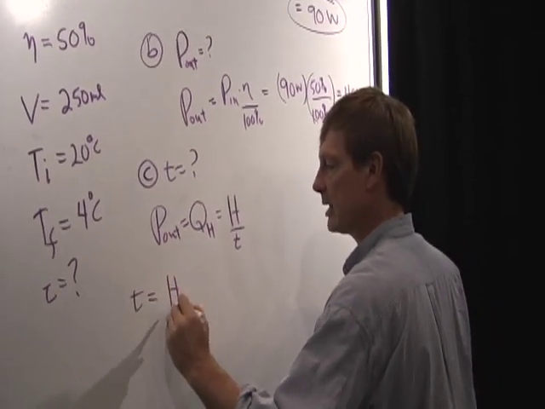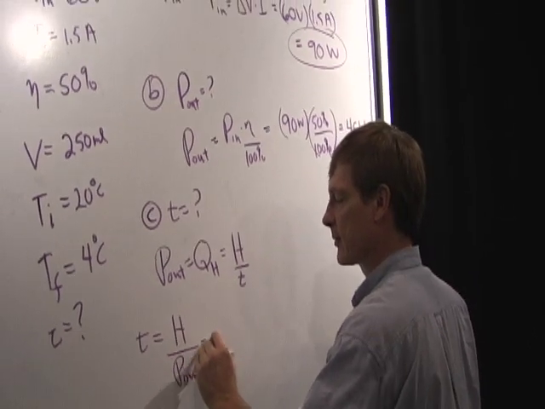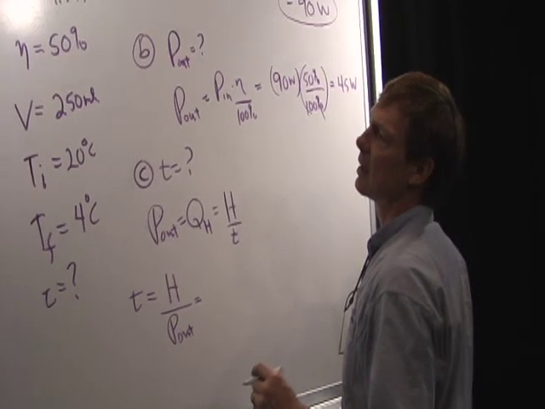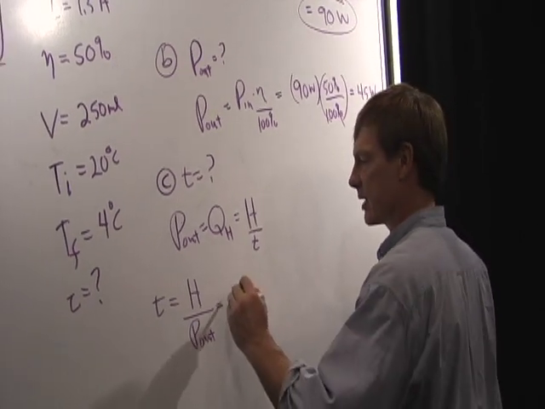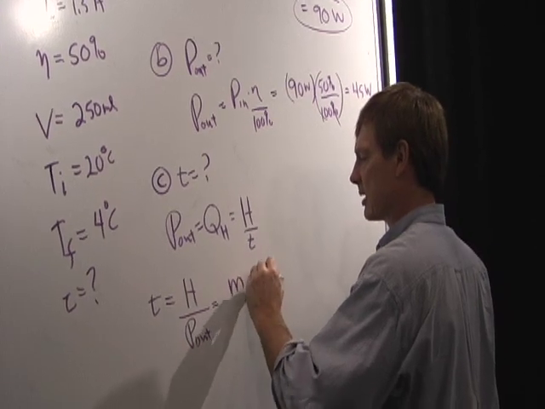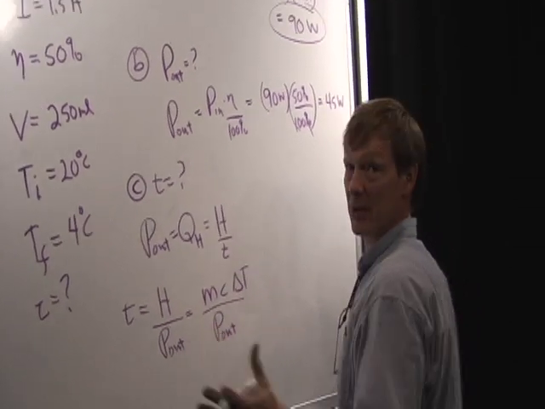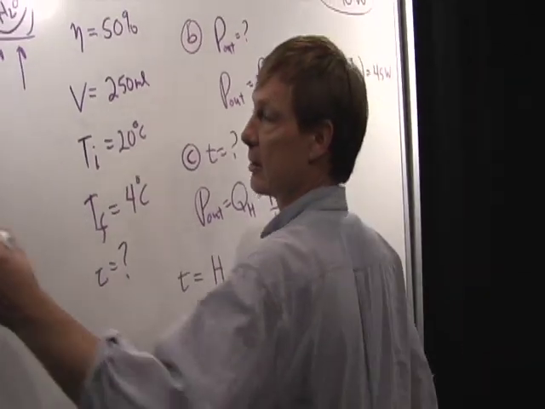The time is the heat emitted over the output power. Now, heat is mass times specific heat times temperature difference. So that's mass times specific heat times temperature difference over the output power. Now we're going to have to solve for that. We've got to get the mass. We don't have it. So let me do that.